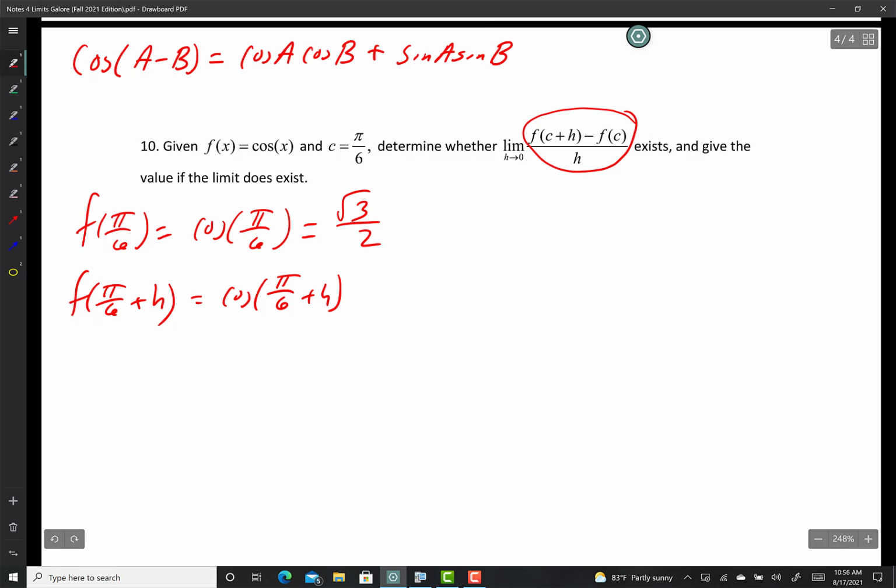Cosine is cosine cosine, and then the sine is the one that toggles. I know how it was supposed to look. I just remember. So here we go. I'm just using that formula up there, guys. Cosine pi over 6 cosine h plus sine pi over 6 sine h.